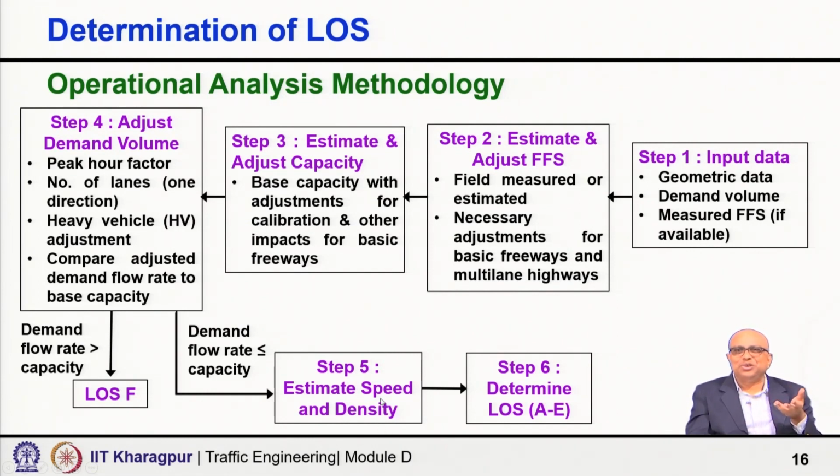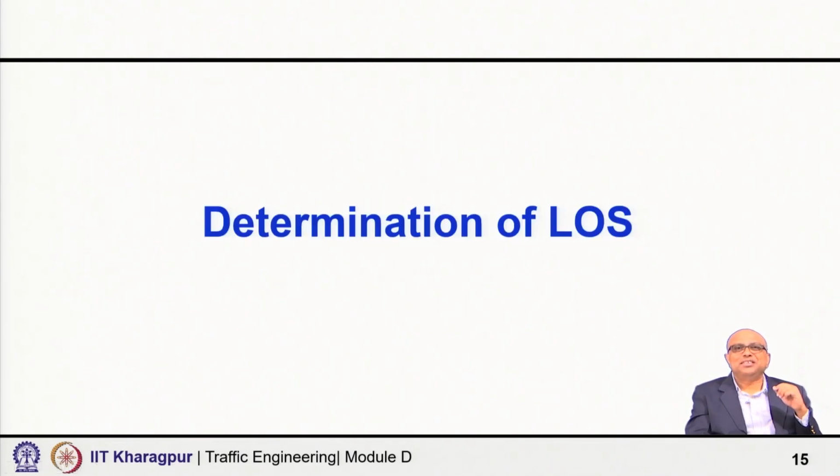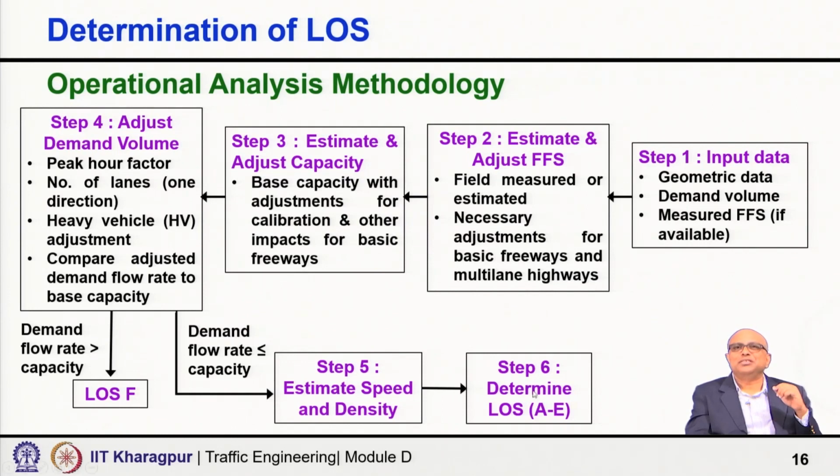Once the density is known, we refer back to the table to see which LOS the calculated density corresponds to, as per the table I mentioned earlier. Accordingly, we decide what the LOS should be.